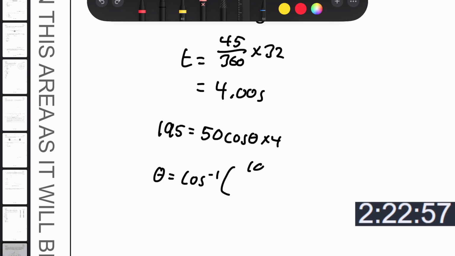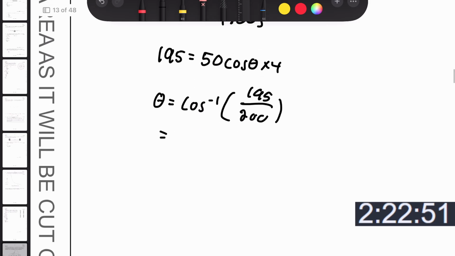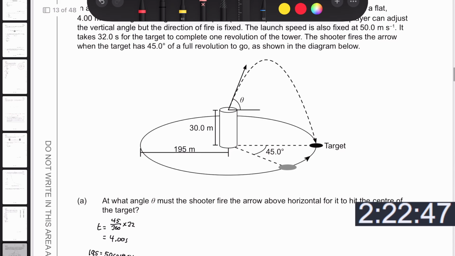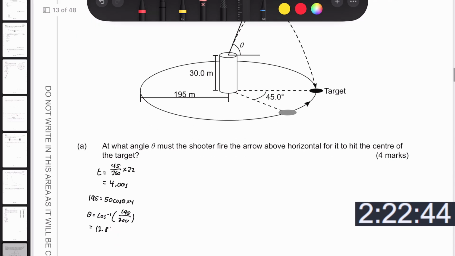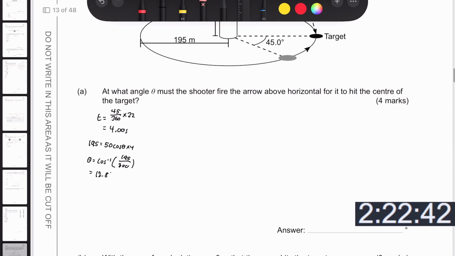I'm not sure about this question. 12.8 degrees. Confirm that the arrow hits the target.